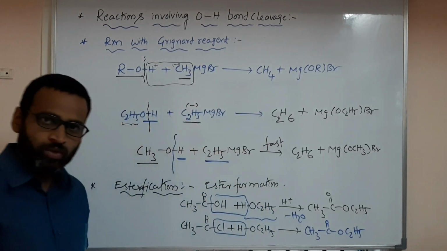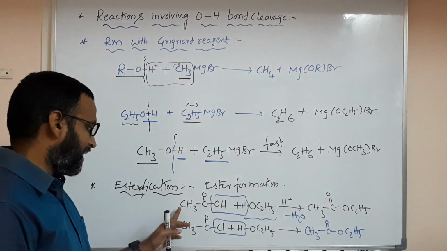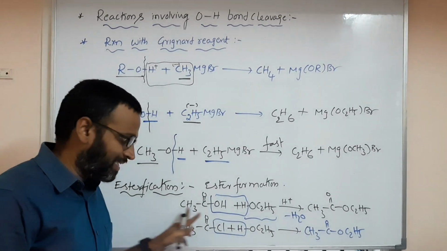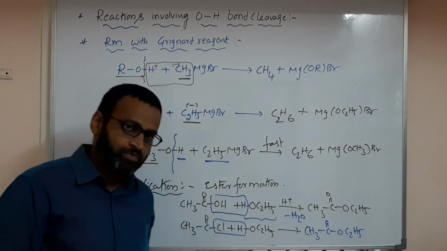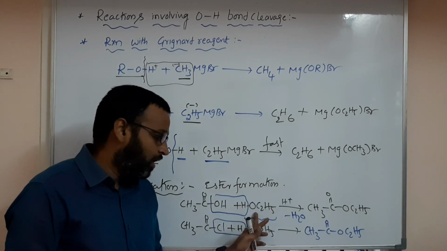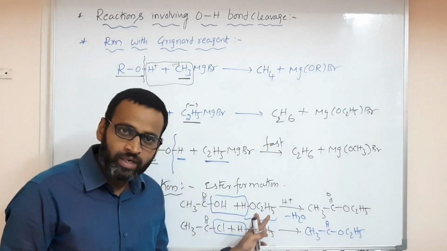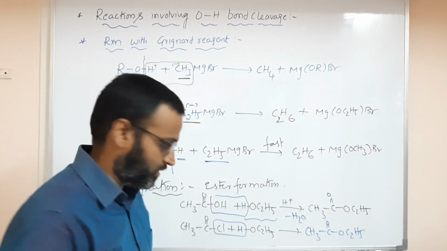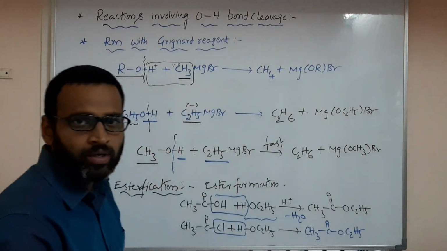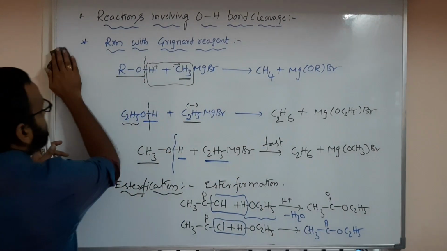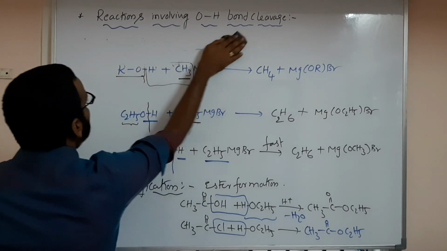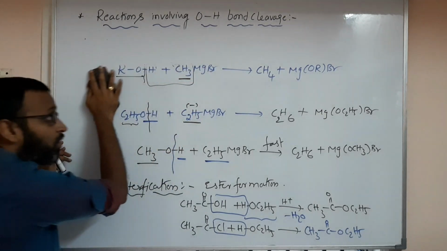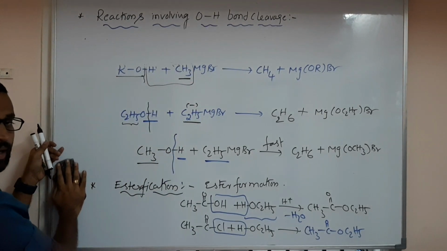So it is an ester only. So any acid derivative or carboxylic acid with alcohol forms an ester, and here the alcohol is involved with OH bond cleavage. These are very important for us. So these are reactions involving OH bond cleavage. Please note it down.